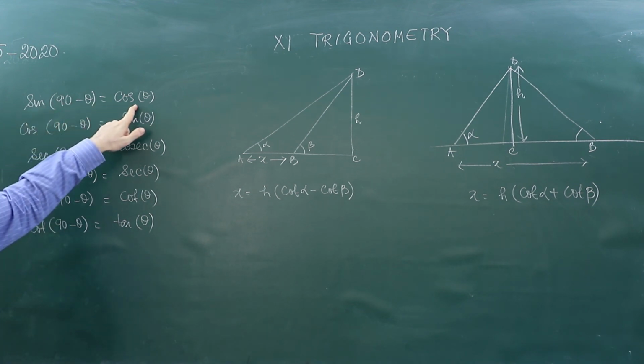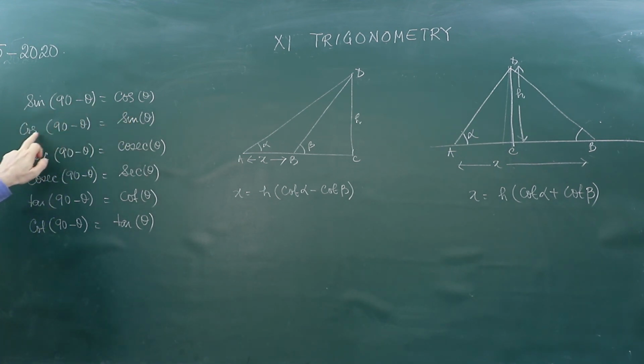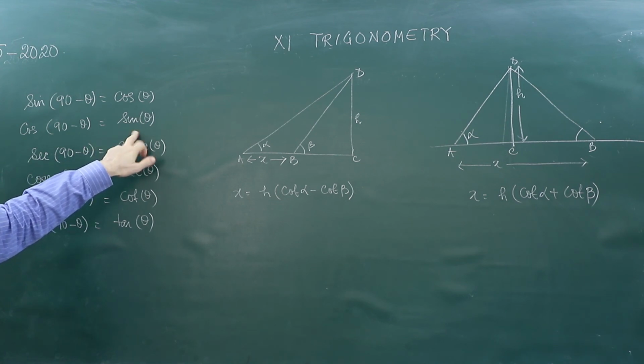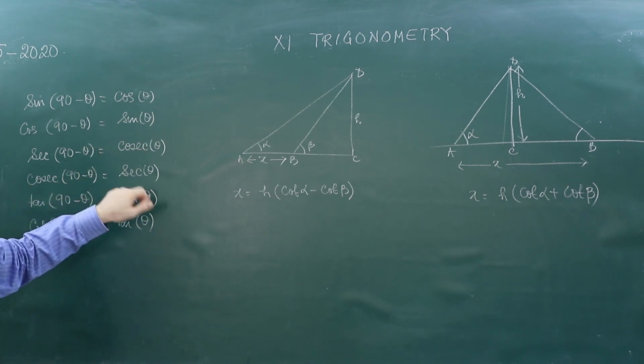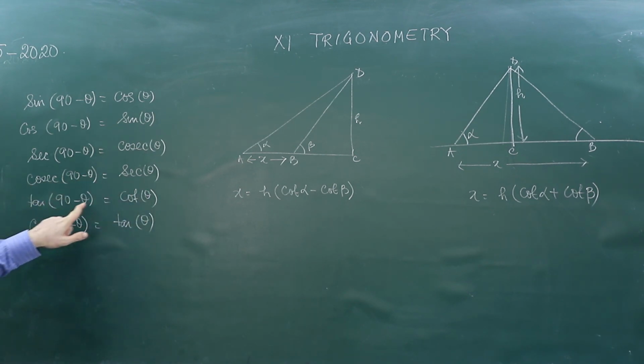Sine 90 minus theta is cos theta, cos 90 minus theta is sine theta, sec 90 minus theta is cosec theta, cosec 90 minus theta is sec theta, tan 90 minus theta is cot theta, and cot 90 minus theta is tan theta.